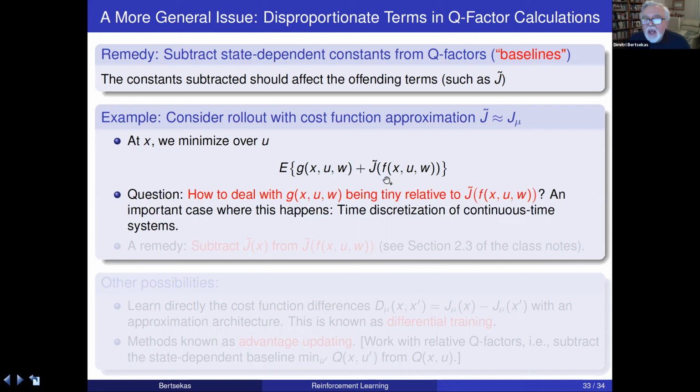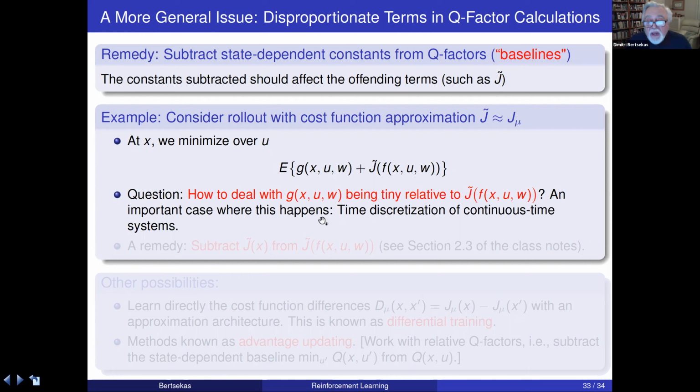This is the cost of a stage. This is a cost of many stages. So this is likely to be considerably more sizable. So if you add approximation error to J tilde, this approximation error may wipe out completely the effect of this first stage cost.